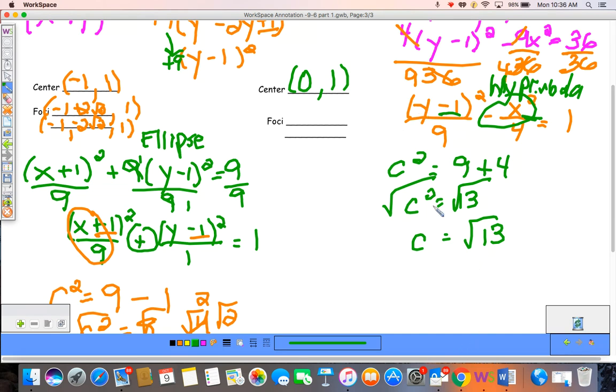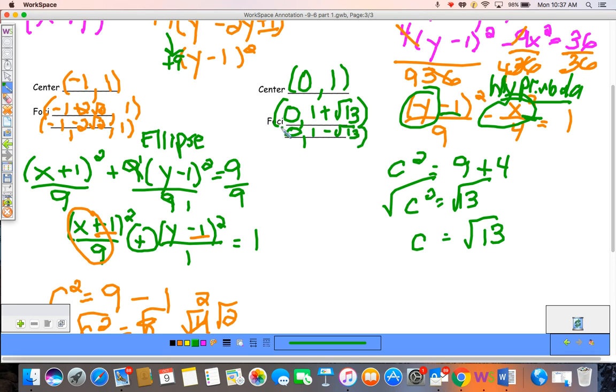Now the question is, do I add it to my x or add it to my y's? Well, for a hyperbola, it's always the positive one. The positive variable gets added to. So in this case, it's the 1. So it's 1 plus square root of 13, and then 1 minus square root of 13.